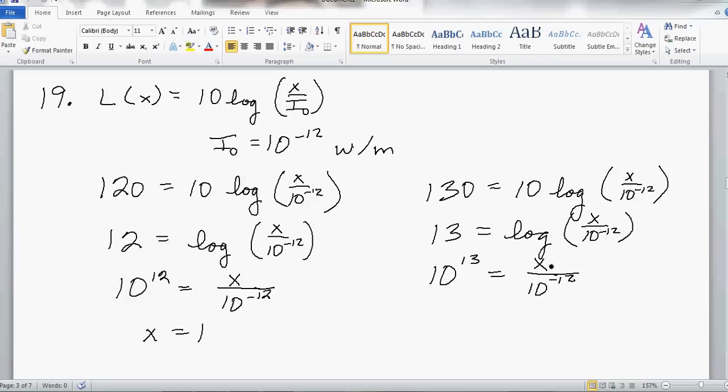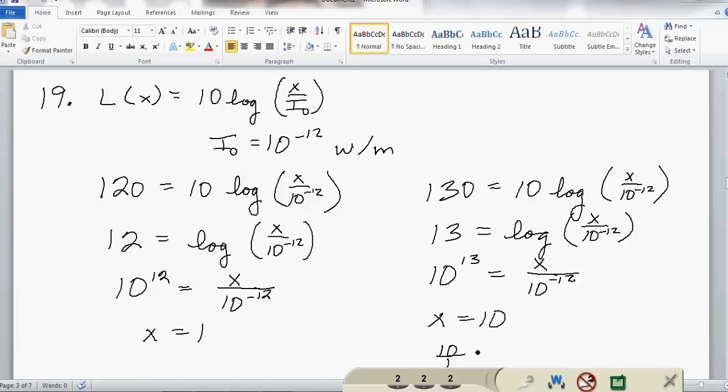To solve for x, we multiply both sides by 10 to the negative 12, or in other words, x equals 10. So what's the ratio? It's 10 over 1. The ratio is 10 to 1. So between 130 decibels and 120 decibels, the intensity is 10 times as great.